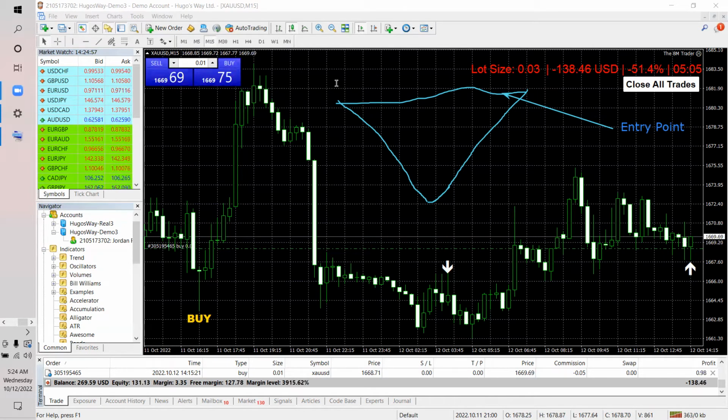Now, as you go through this entry point, you're testing out all the different pairs, all the different buttons, and seeing how trading works, the concept of money going up and money going down. What will happen is then you'll get to this point right here.